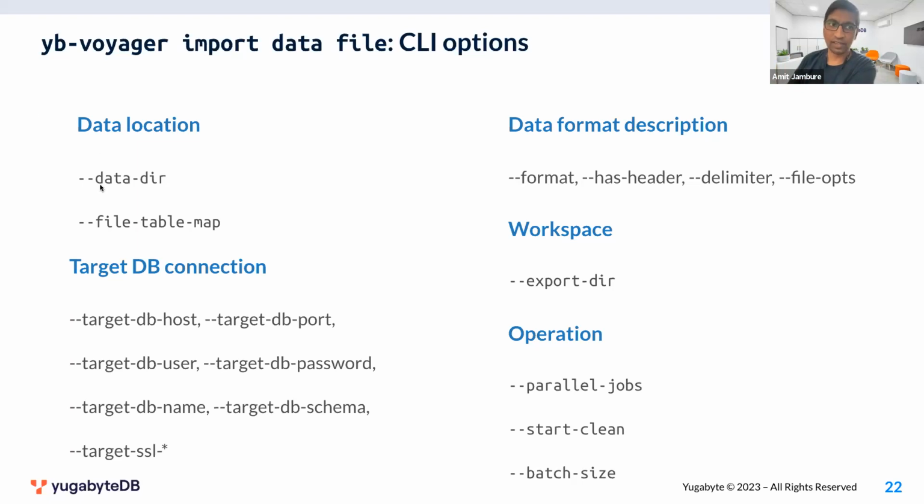That's why you provide the parent directory path in the data directory option, and then you provide something called the file table map. It's a comma separated string, and each element is like file name : table name. So basically this file from the data directory should go to that table. The combination of these two options allows you to import multiple files in a single command execution.